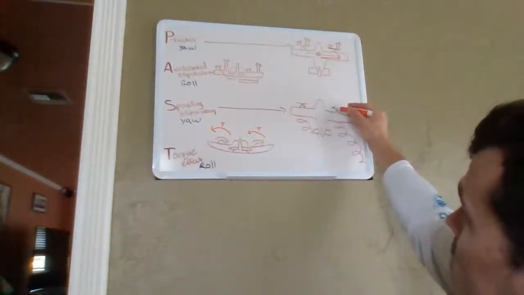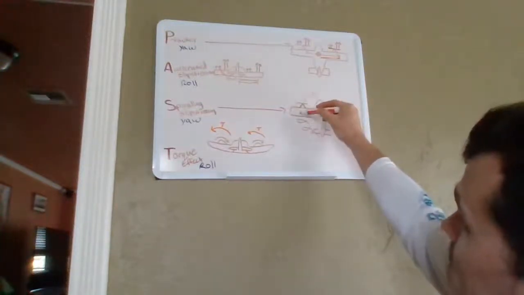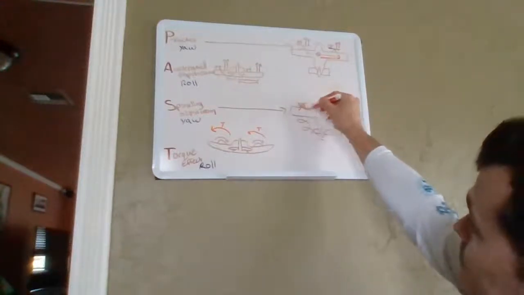The aircraft wants to yaw this direction, but since this slipstream is hitting your tail, it counteracts that yaw a little bit. That's if the left engine is running. If only the right engine is running, you've got nothing to counteract the yawing effect of that right engine wanting to come around. So that's another thing we see with the left engine, the critical one, being failed: nothing to counteract that yaw.